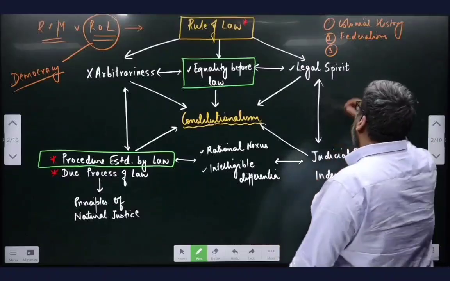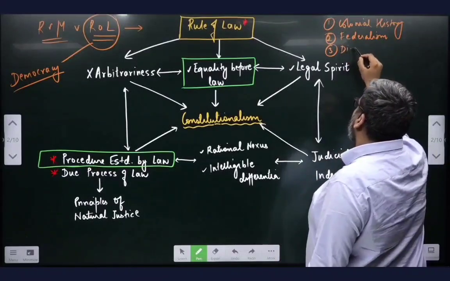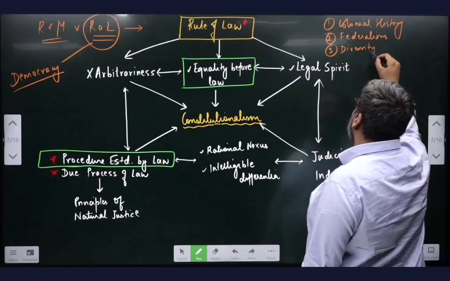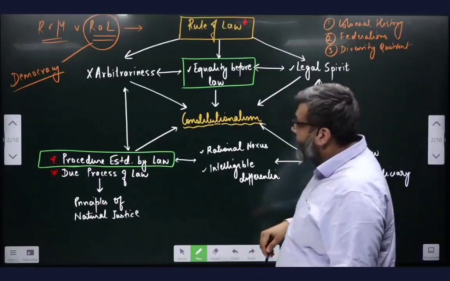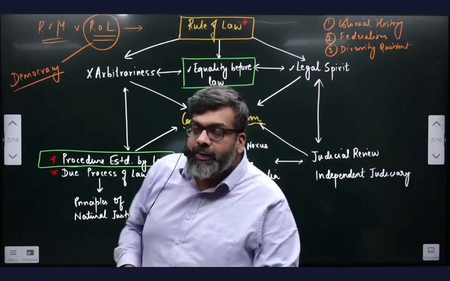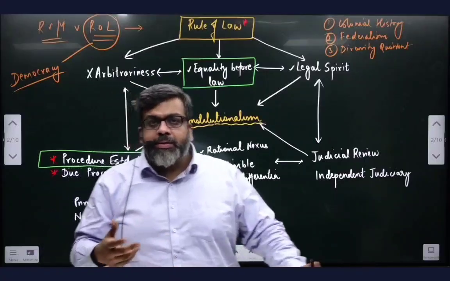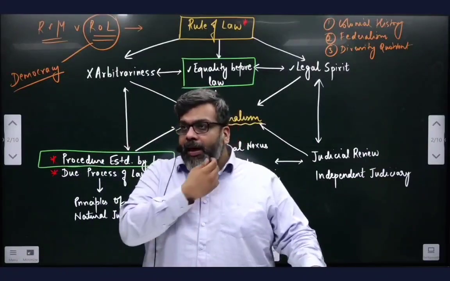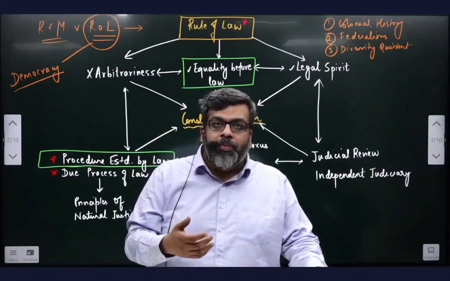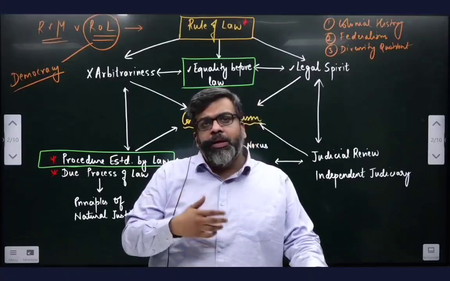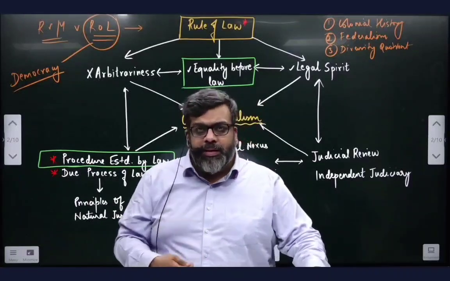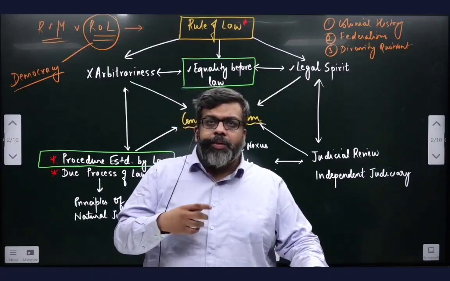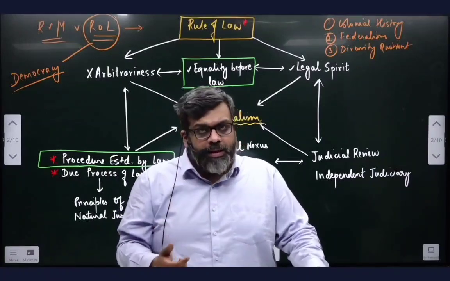Thirdly, the sheer diversity quotient makes rule of law an obvious choice. The diversity quotient means, unlike again several countries in the West, India has always been home to all religions, all cultures, all groups. We've always been an incredibly diverse country. We have always been an incredibly welcoming country.